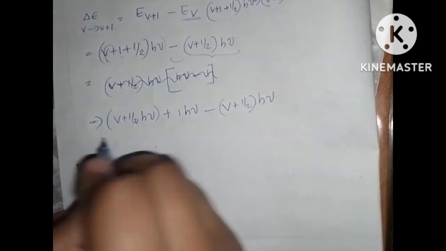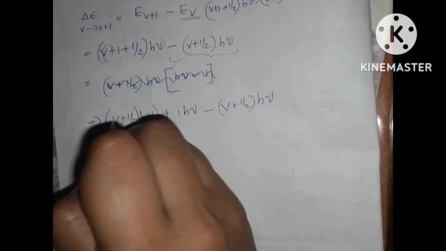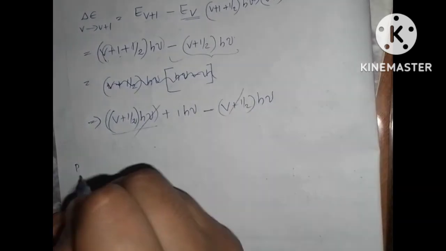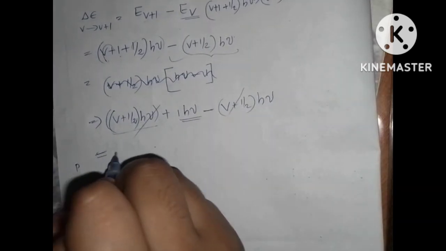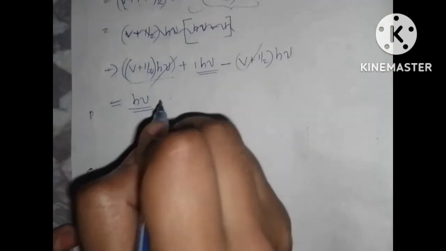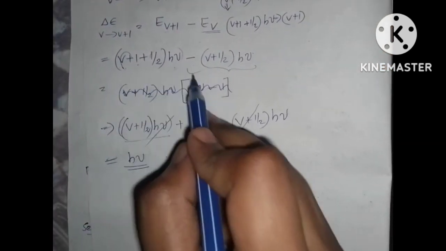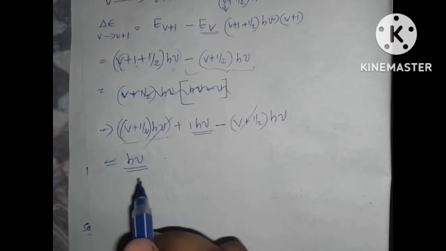So this V plus half H nu and this minus V plus half H nu will cancel out, and we will get H nu. Also you can check by giving this H nu inside. This is correct. We will get H nu by subtracting.